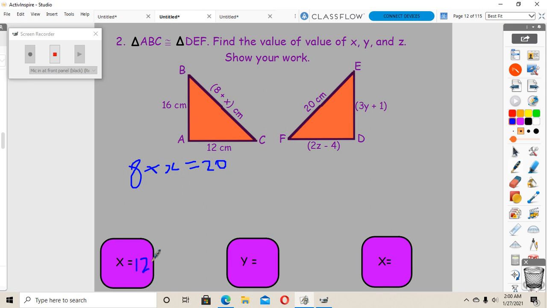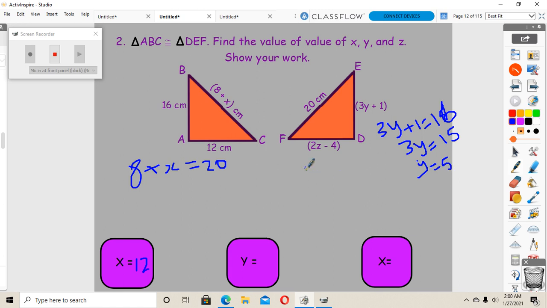Now we have Y. 3Y plus 1 is equal to 16. We're supposed to solve it. 3Y is equal to 16 minus 1, which is 15, and then Y is 5.